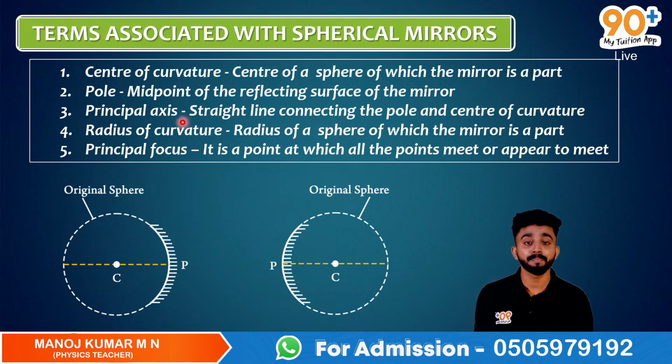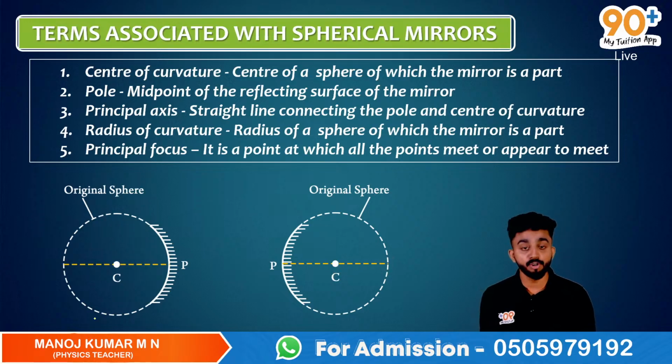And next we have the principal axis. Principal axis means what? It is the axis which connects the pole and the center of curvature of a mirror. This particular line from the pole to the center of curvature, this dotted yellow line, you can see, right? This is the principal axis of a mirror. So this is also the principal axis of a mirror.